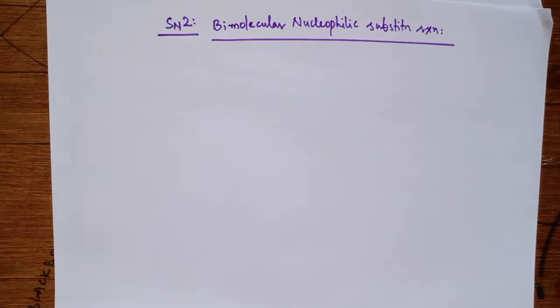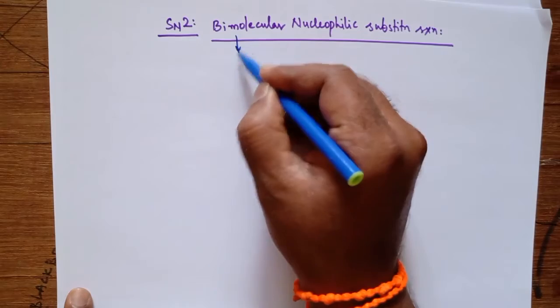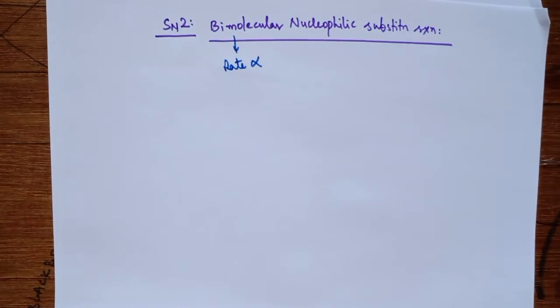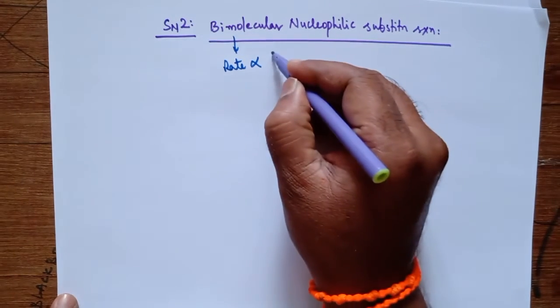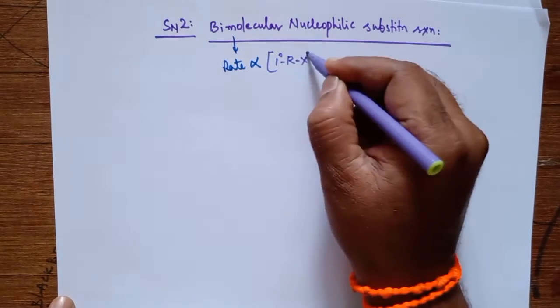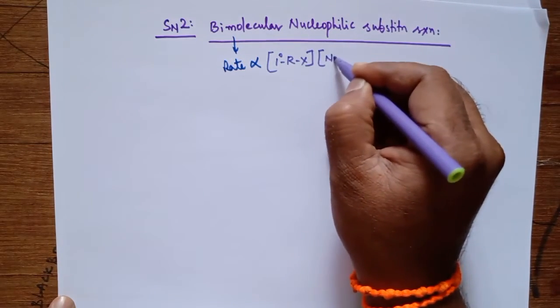So what is the meaning of bimolecular? Bi means two molecules. The rate is directly proportional to the alkyl halide as well as which one? Nucleophile. Which alkyl halide? Primary alkyl halide and nucleophile.